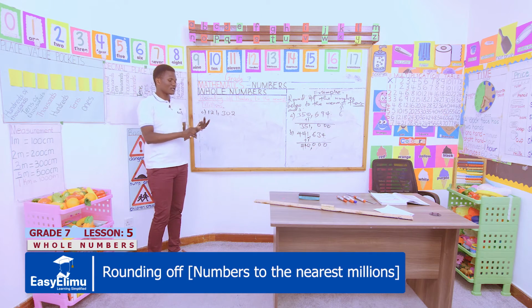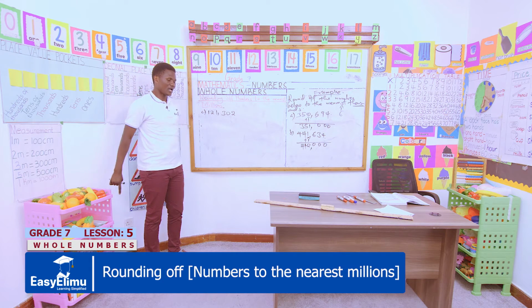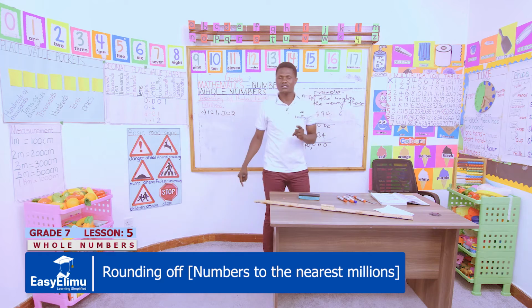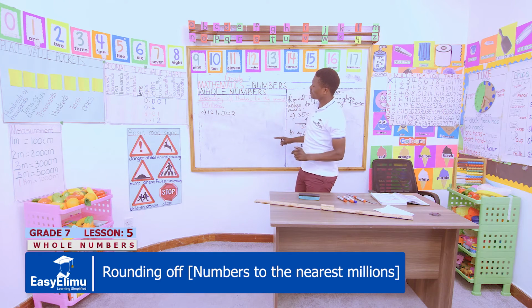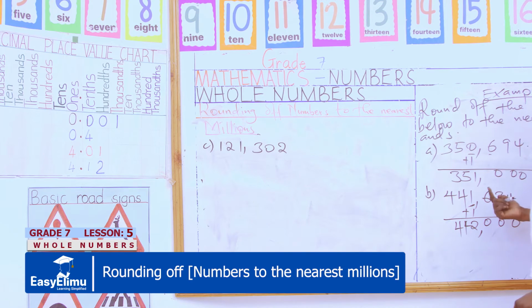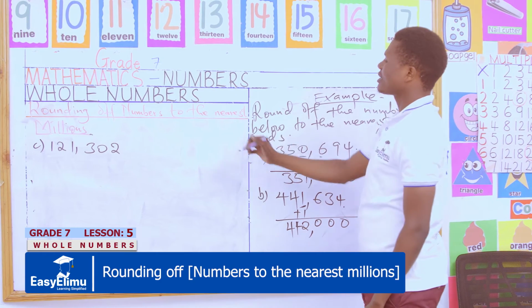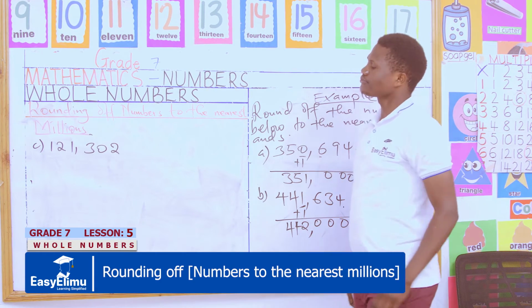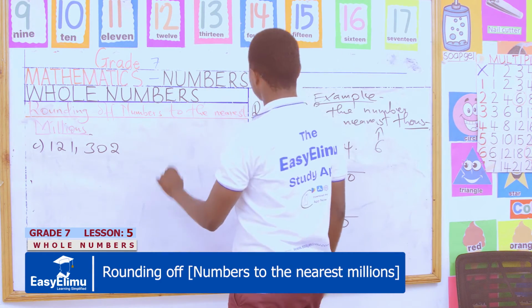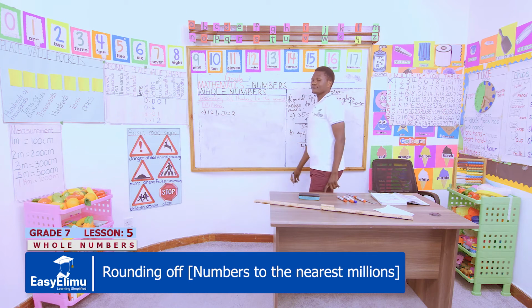Once you have done that, identify the digit in your place value of interest. I've said the place value of interest is the place value that precedes the stated place value, or in other words, the place value that comes before the place value you are required to round that number to. So in this case, the digit in the stated place value is 1, thousands.